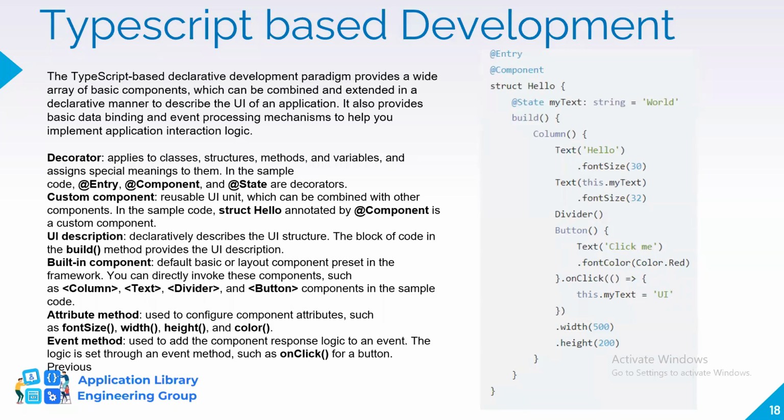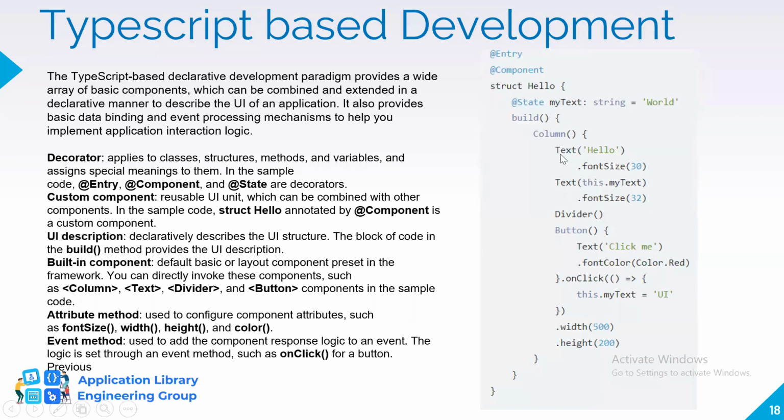More about decorators we'll learn further. The next is the custom component, which means anything defined using the component decorator will become a custom component. In this particular sample, struct Hello decorated by component is a custom component.